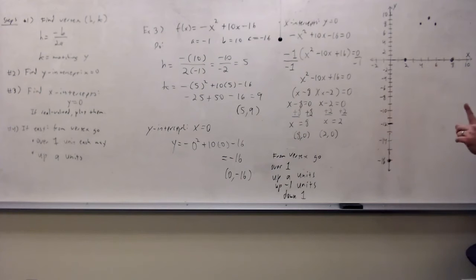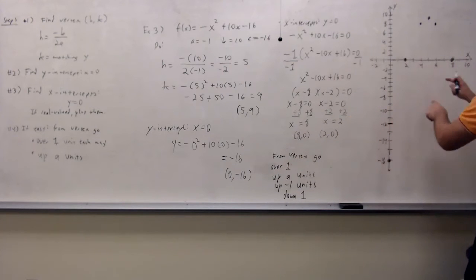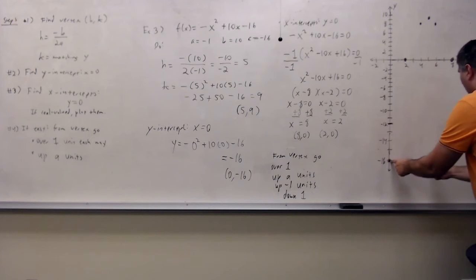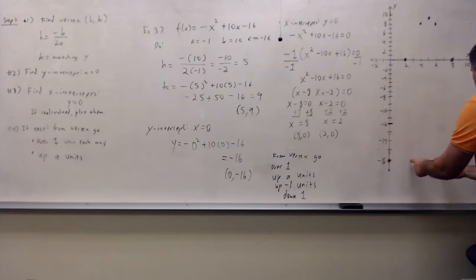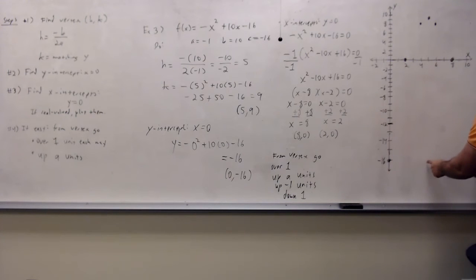Okay? In addition, I'm going to use the principle of symmetry on the y-intercept. From the vertex, I was 5 units over with a y-coordinate of -16. I'm going to do the same thing. So 5 units, y-coordinate -16.